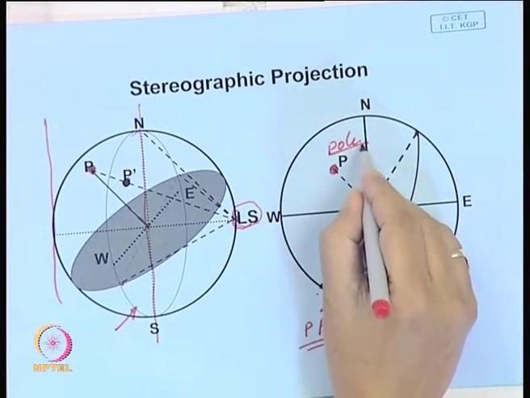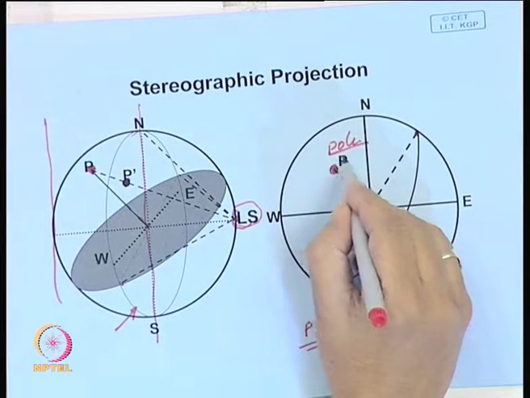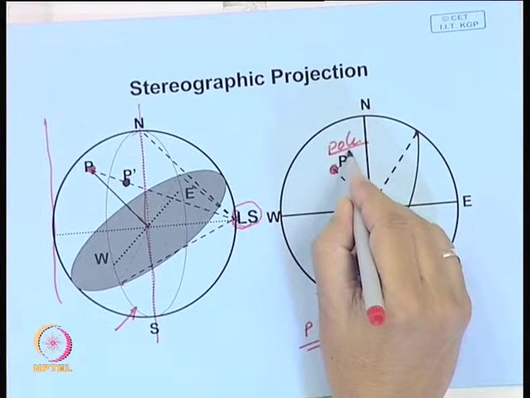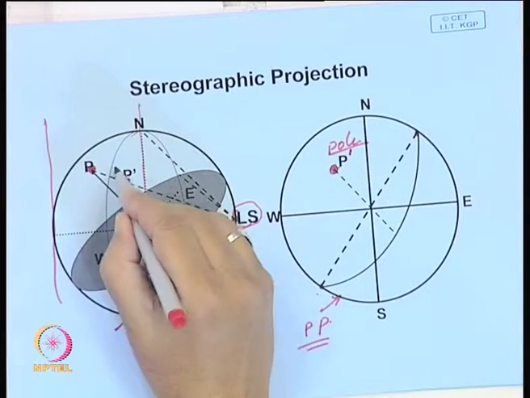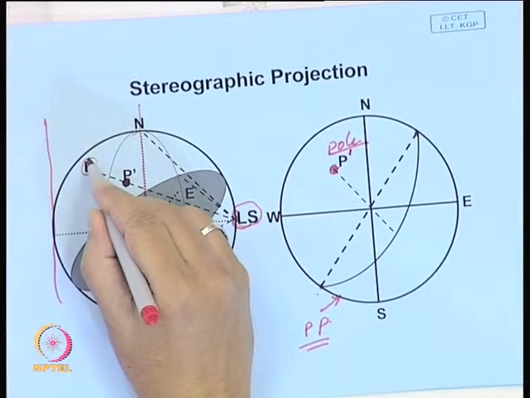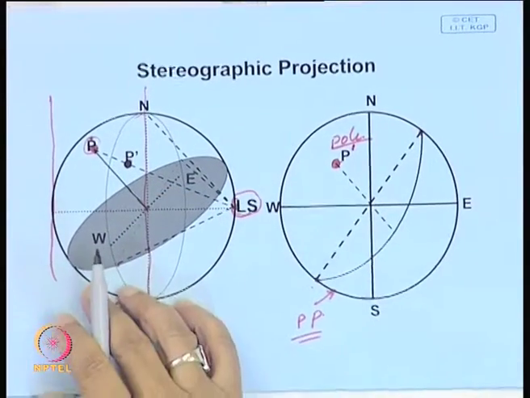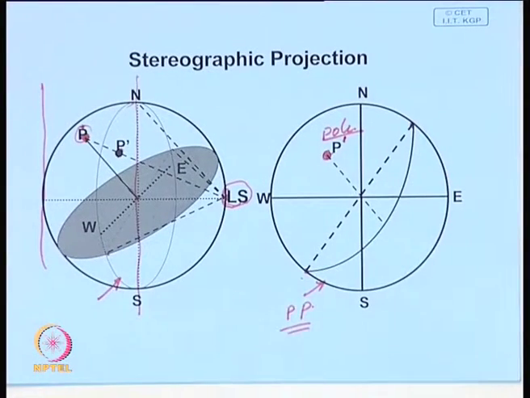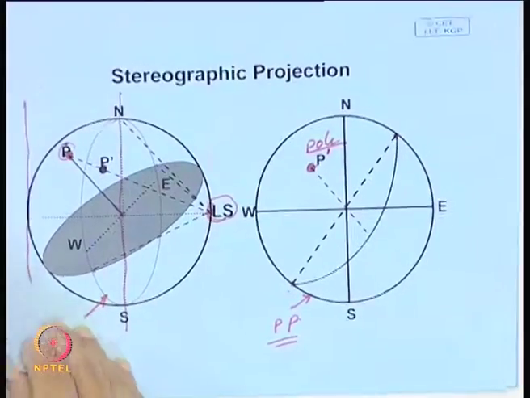And in this case, we call this point P the stereographic projection of this pole P. In this type of projection, what is retained is the angular relationship, and these angular relationships are maintained. That is why we call this an angle-true projection.